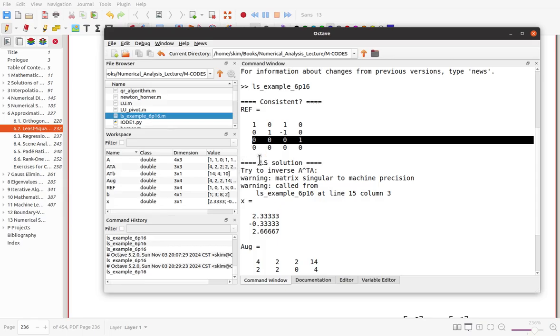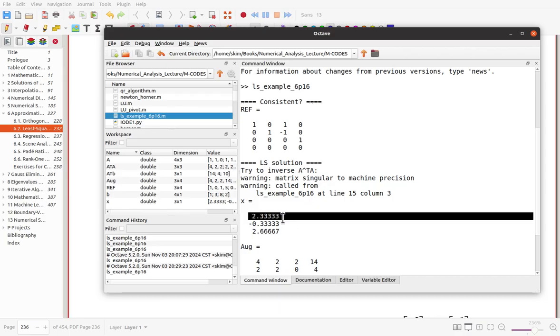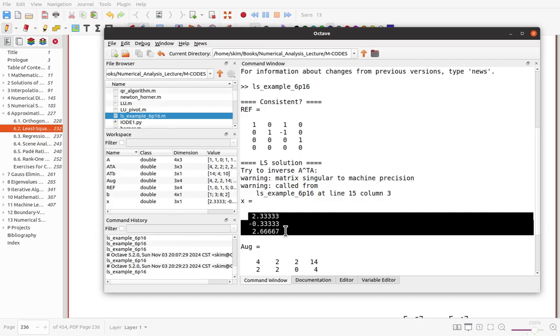Now we start the least squares solution and we try to invert A transpose A. That matrix is singular, yet here the computer generates this solution. It's a solution, fortunately, but once it is singular, we cannot expect a right answer.